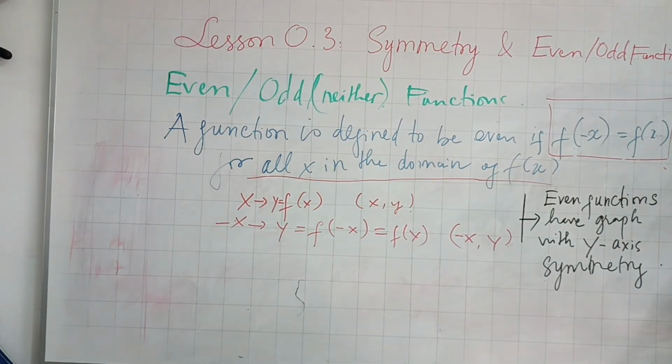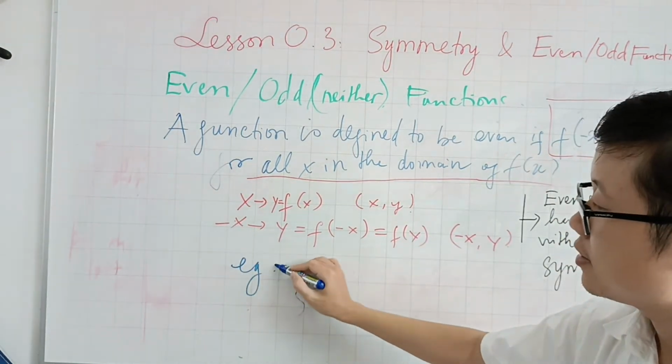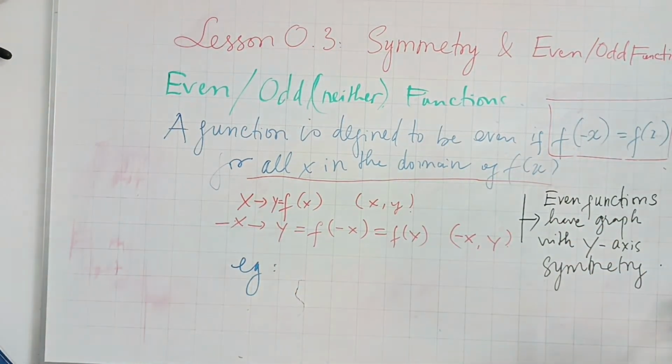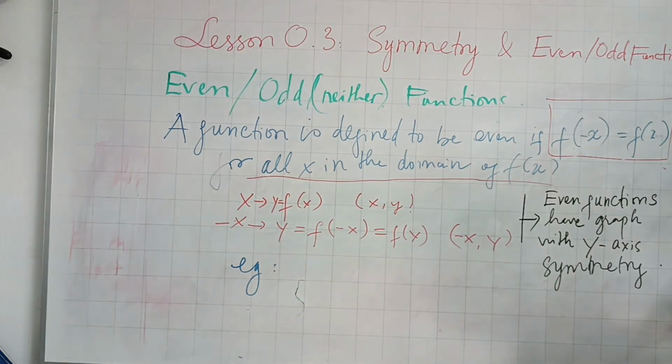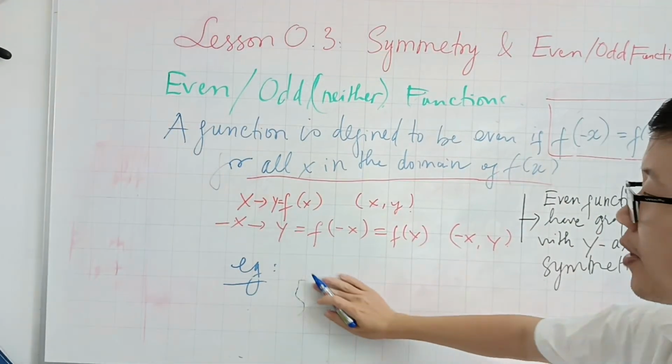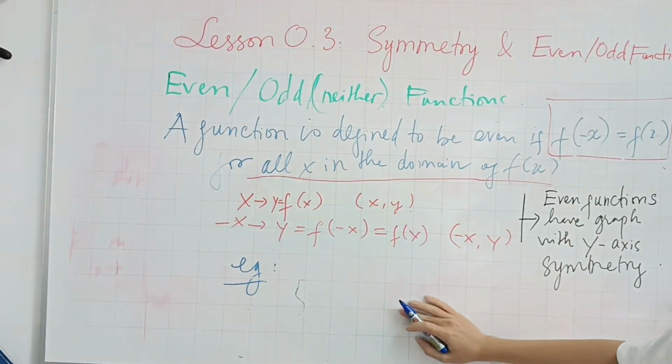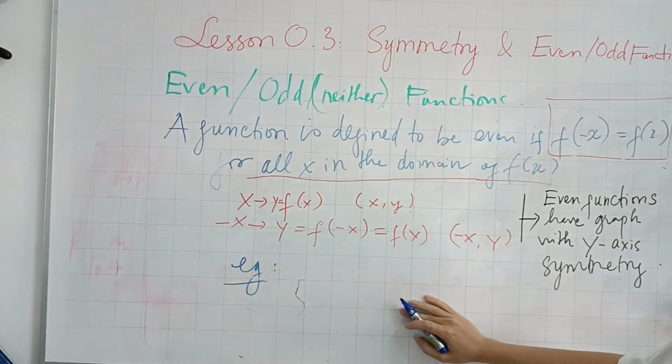And we have some examples of even functions, where the exponent is an even number. When you replace x with negative x, it has the same value.